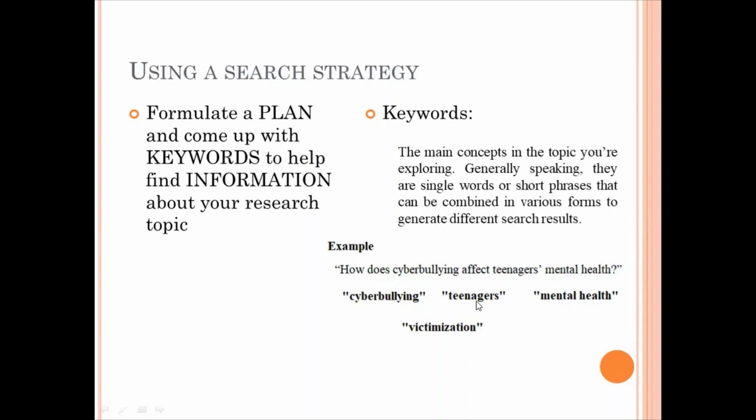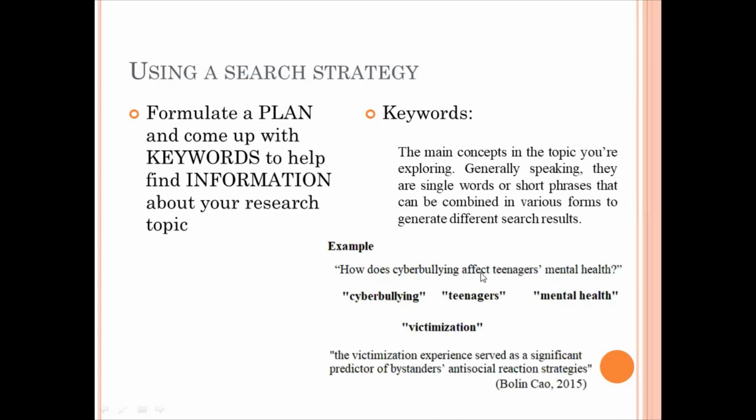So now, using teenage victimization to search for mental health, because what I'm looking for is an effect, please take note, an effect. When you are searching, you should always look for the phrase in your research question, the effect.